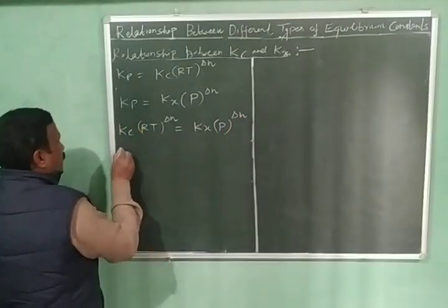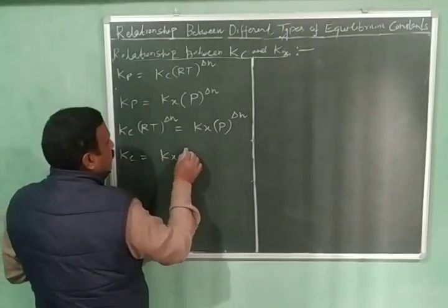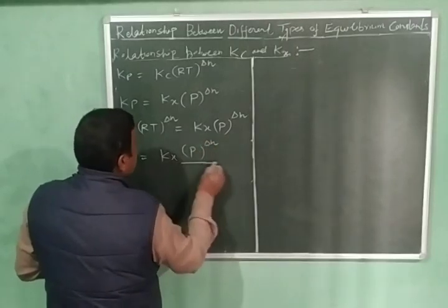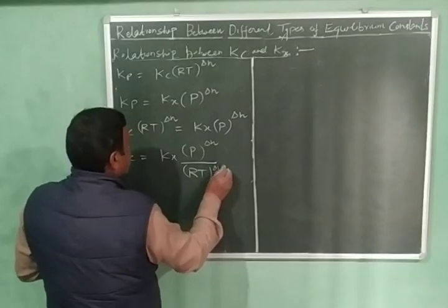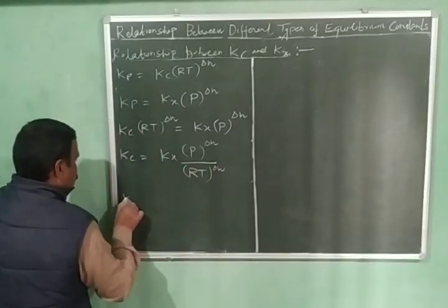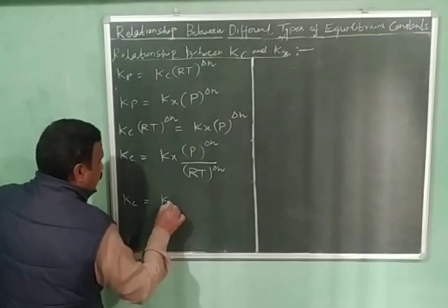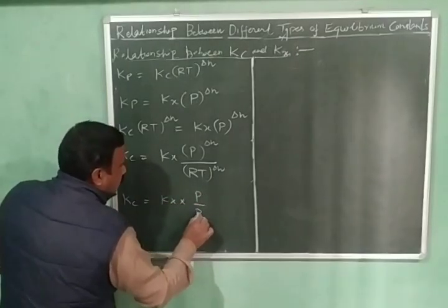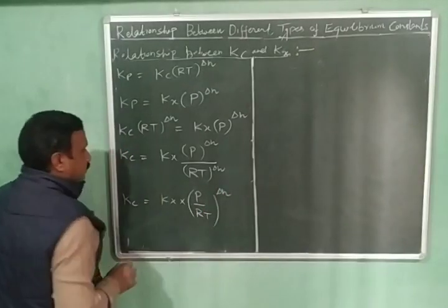From this equation, Kc is equal to Kx into P raised to power delta n divided by RT raised to power delta n, that is Kc is equal to Kx into P upon RT raised to power delta n.